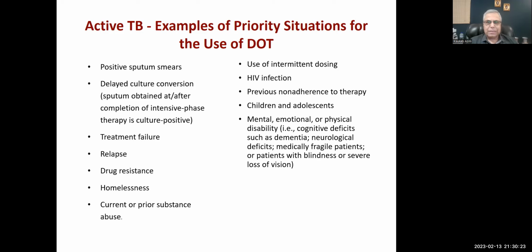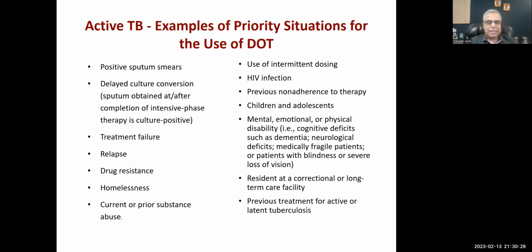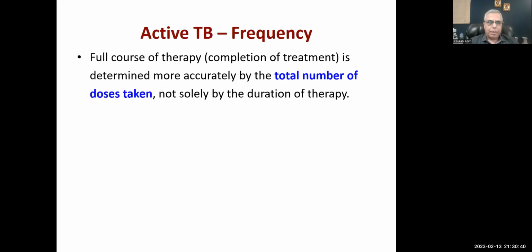Children, adolescents, mental or disabled people, residents in correctional facilities, previous treatment, or latent tuberculosis. All right, in all cases, these are the indications for directly observed therapy. Right. So again, let me remind you that it is the total number of doses taken that is more important than the duration of the treatment.